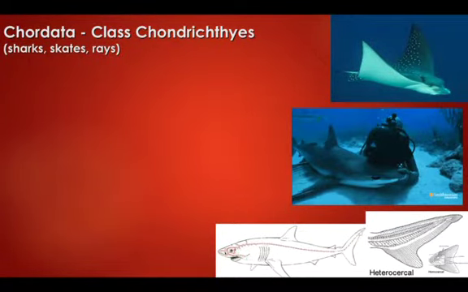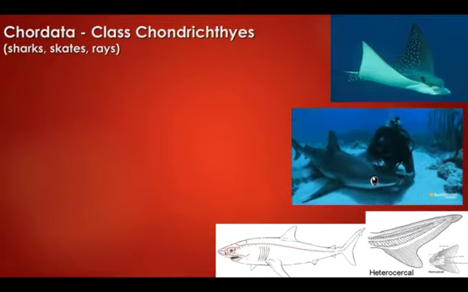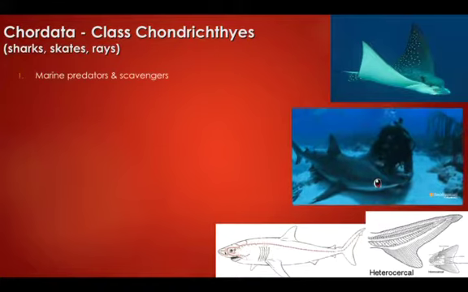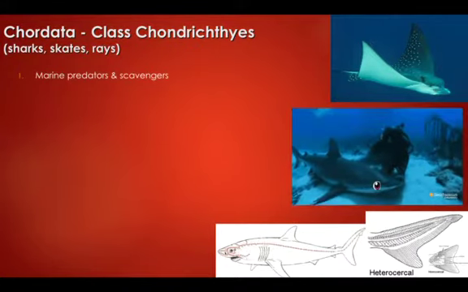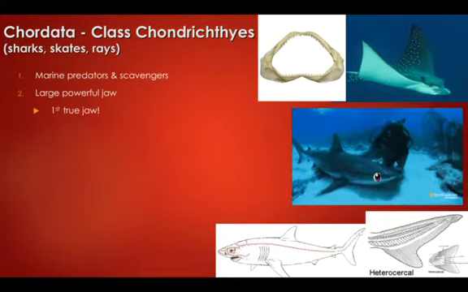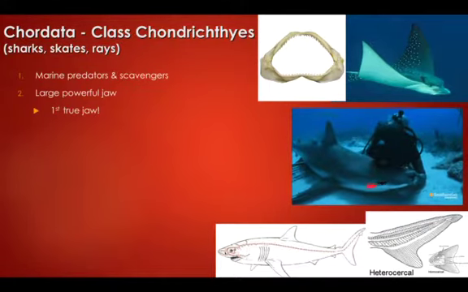The class Chondrichthyes, again, includes probably the most recognizable ones, which are going to be sharks and things like stingrays and manta rays. They are marine predators and marine scavengers, so they are found in saltwater ecosystems. They do have a large, powerful jaw. This is the first true jaw that we see.